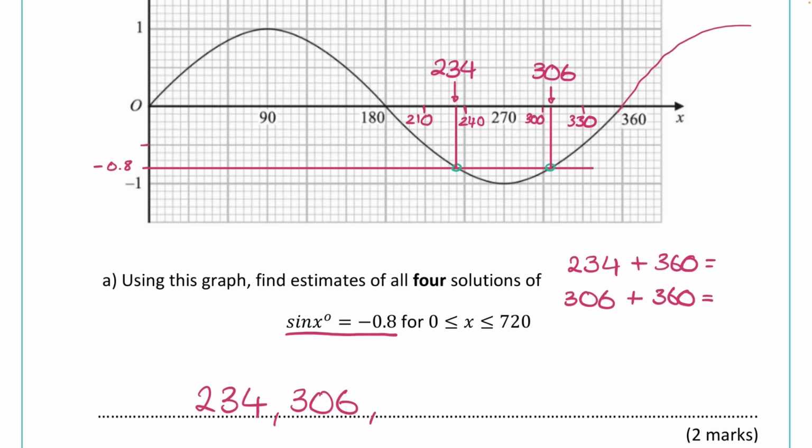So we'll do that on the calculator. 234 plus 360 is 594. And 306 plus 360 is equal to 666. So there's our other solutions, 594 and 666. That is our 4 solutions between 0 and 720.